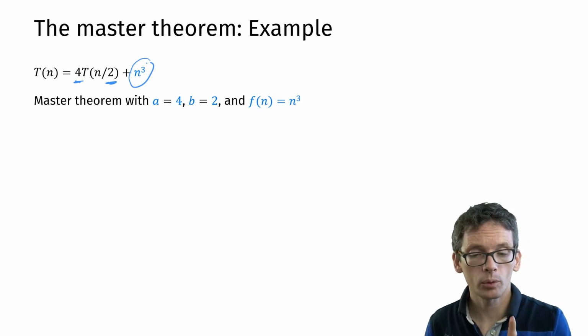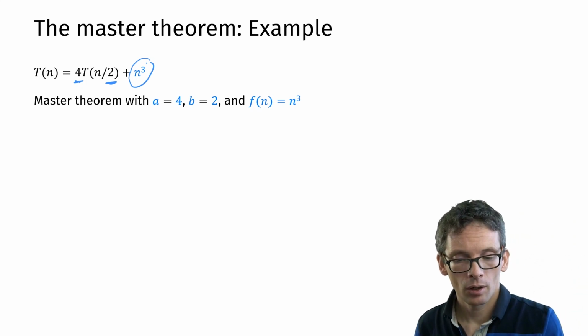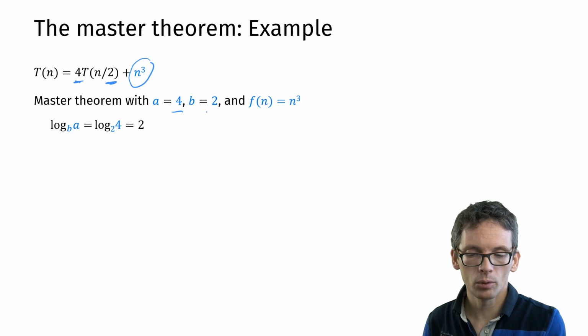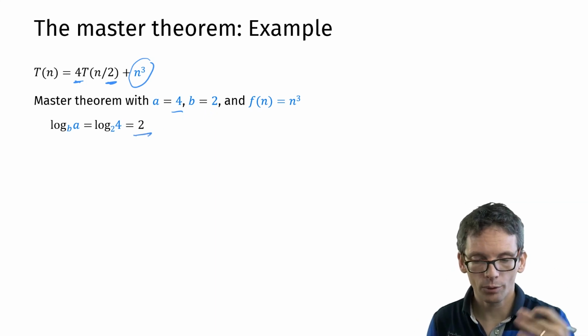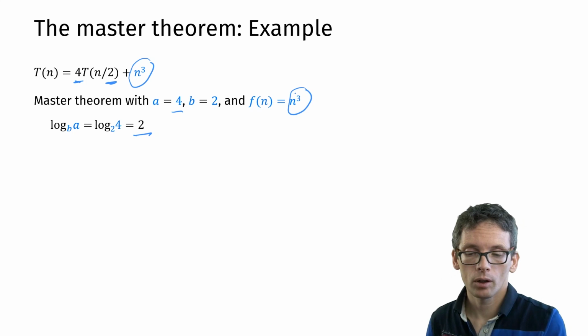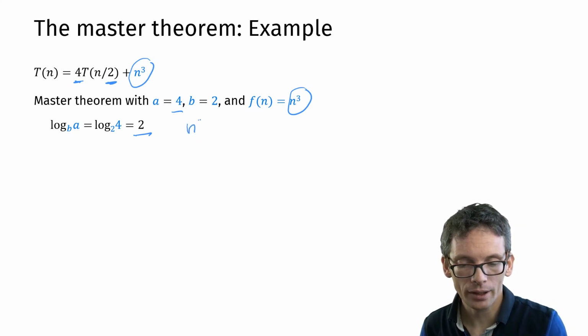Now we need to compute log of a base b. So a was 4. The logarithm of 4 to the base 2 is 2. Well, because 2 to the 2 is 4. Now we want to compare n cubed with n to the log a base b. So this will be comparing n cubed to n squared.